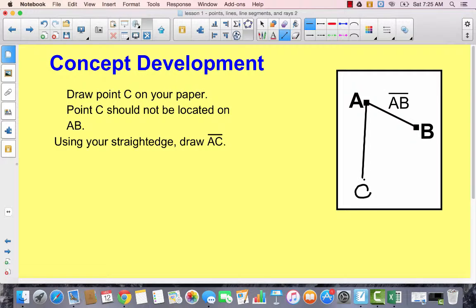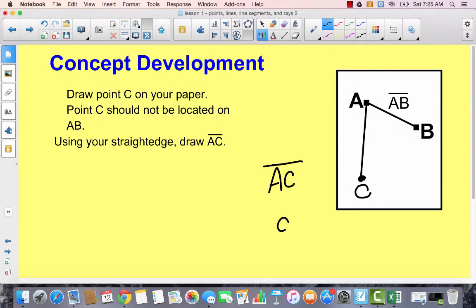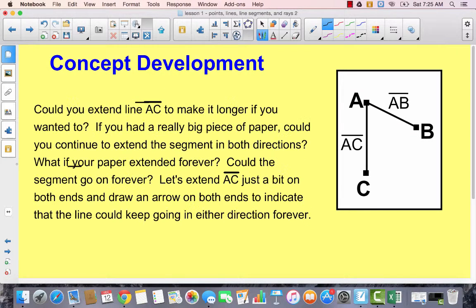Now, you may have put your C somewhere else than I did, and that's okay, as long as you connected the 2 points. So now we have line segment AC or CA.